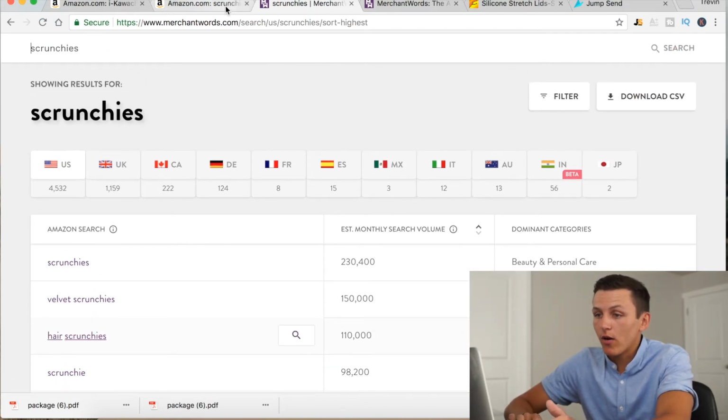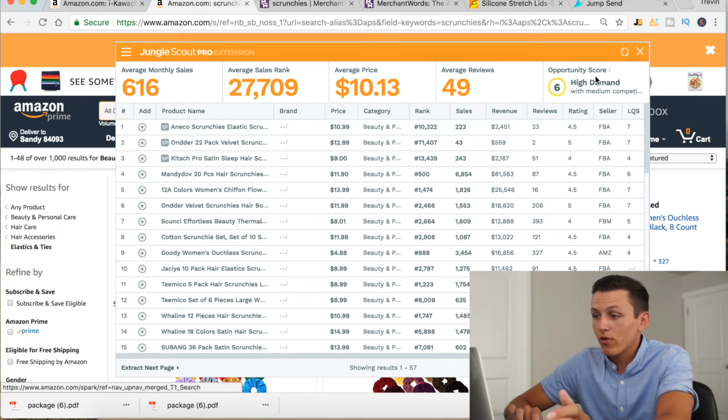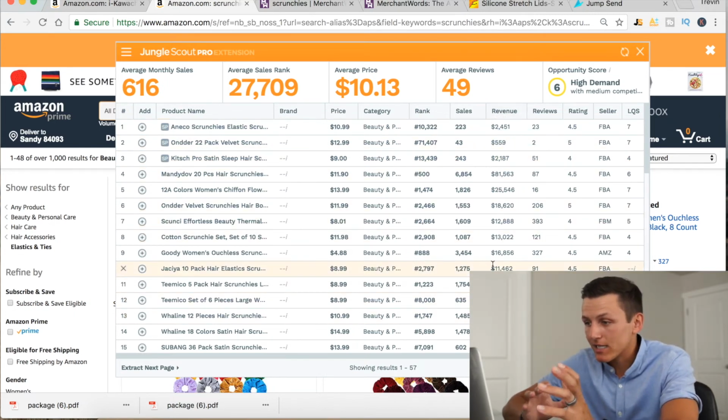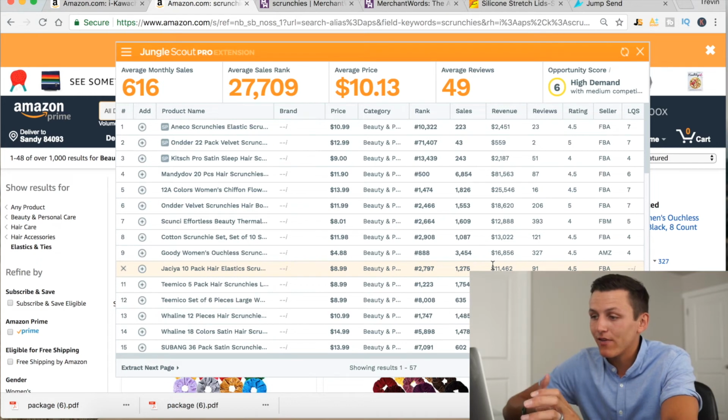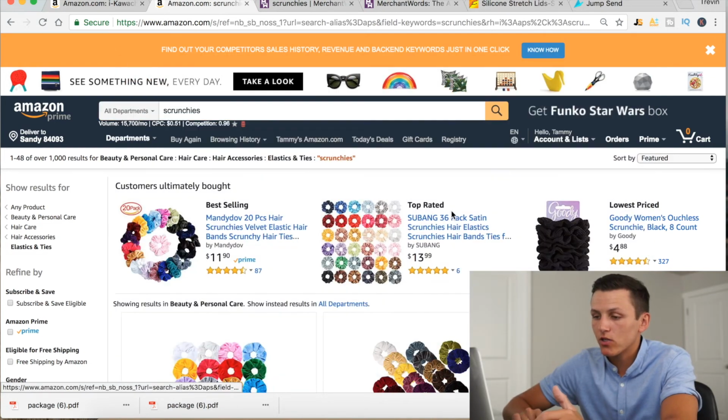So if you can come right here and it's high demand with medium competition on something that's being searched almost 300,000 times and the revenues are super high, that's a product to get excited about and to go and dive in a little bit deeper, get price estimates on how much the product is going to cost and what can you do different to set yourself apart.